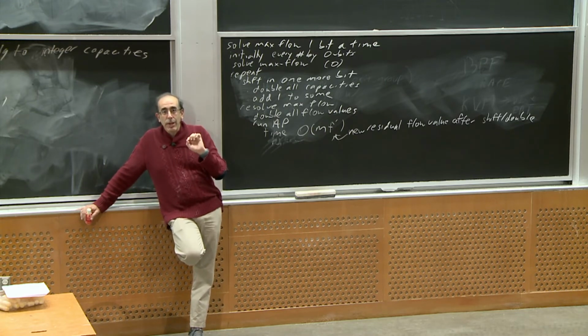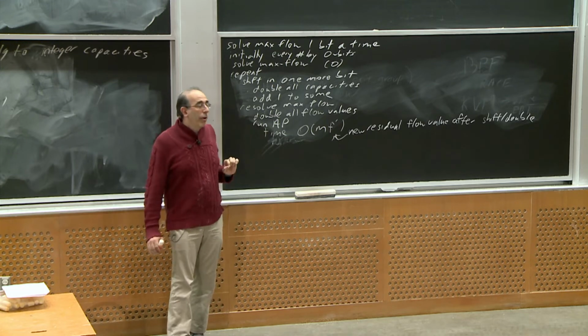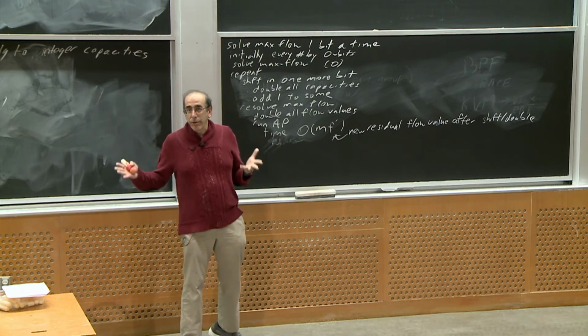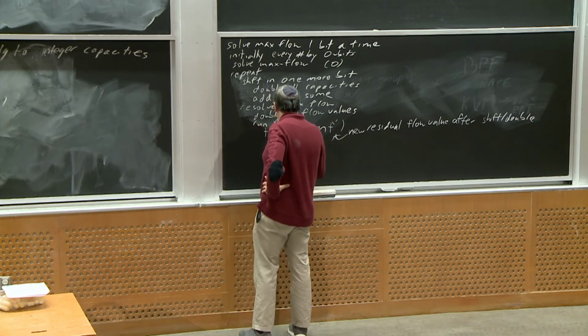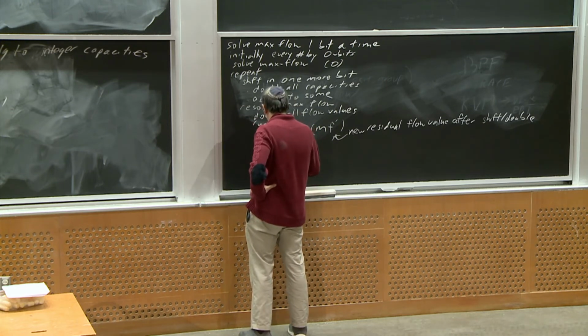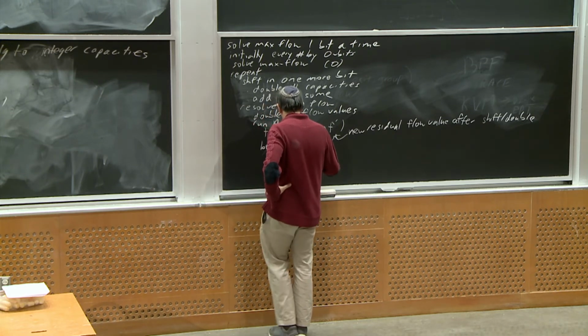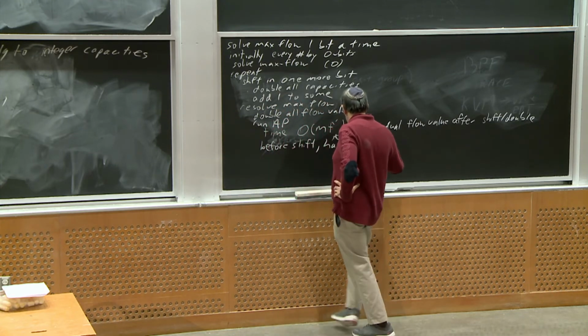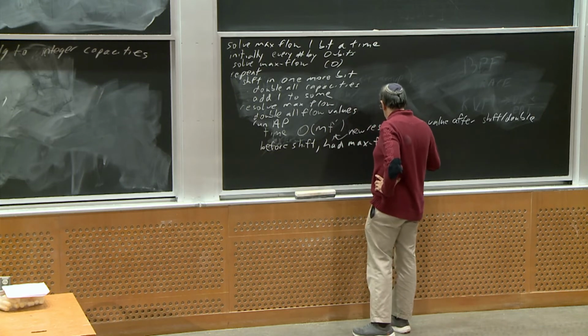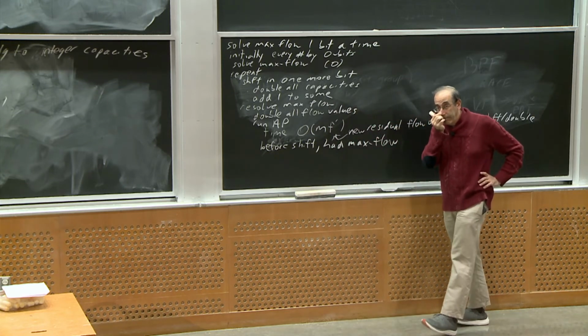Let me make a slight tweak to it and talk about cuts instead. And again, cuts and flows are dual, so it's really the same argument. The argument is that before the shift, we had a max flow, right?